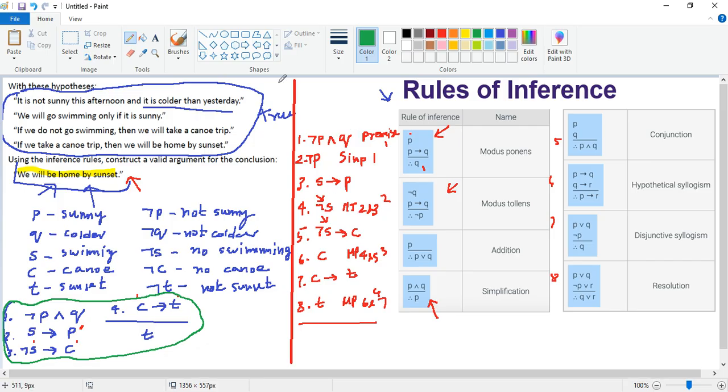Sometimes it's the sentences that are given, in which case you'll have to first convert this to this and then validate the conclusion. So in the next video, I'll discuss another problem, a different type where you have to follow a different approach, and also a problem on predicate logic.